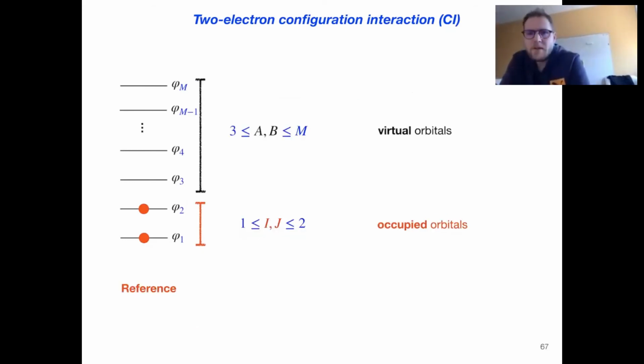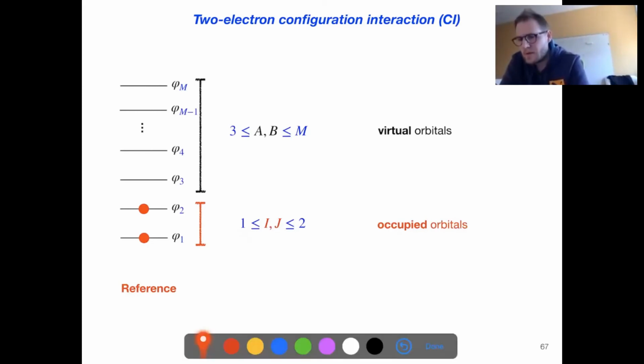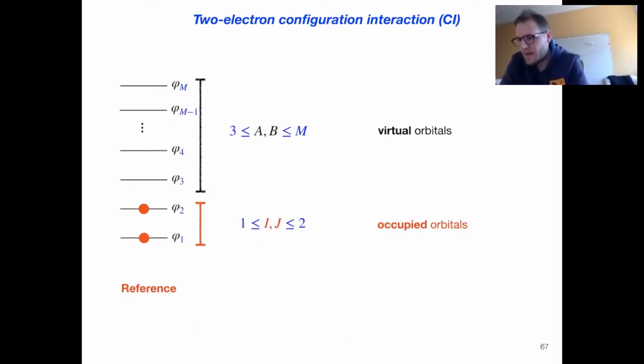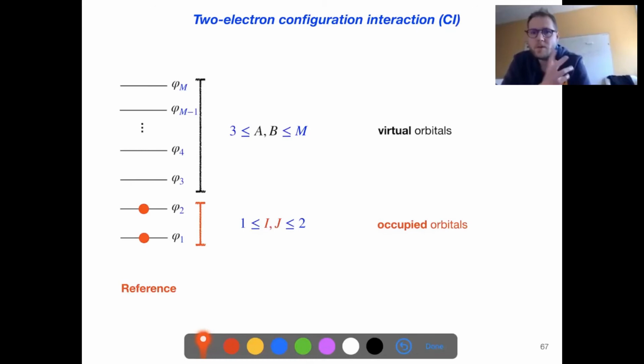Now if I want to spread these two electrons over the entire spin orbital space, what you have here under your eyes is what I would have at the Hartree-Fock level. These two spin orbitals are occupied and these are empty. We usually call them the virtuals.